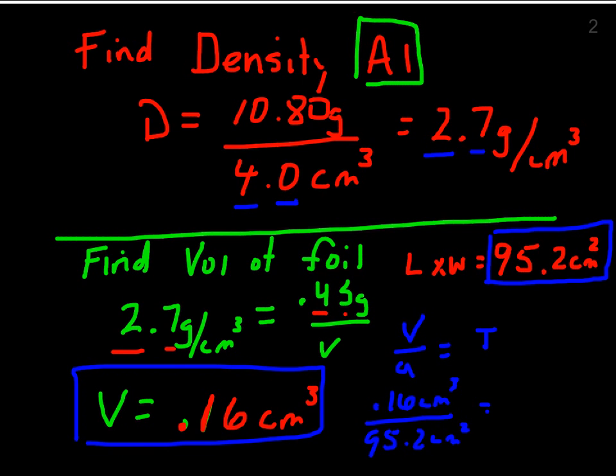And when I do that, I get T being equal to 0.001, and I have to round it to 2 sig figs, so 0.0017. Put a unit on there, centimeters. So that's what I calculated the thickness to be by using the density of aluminum.